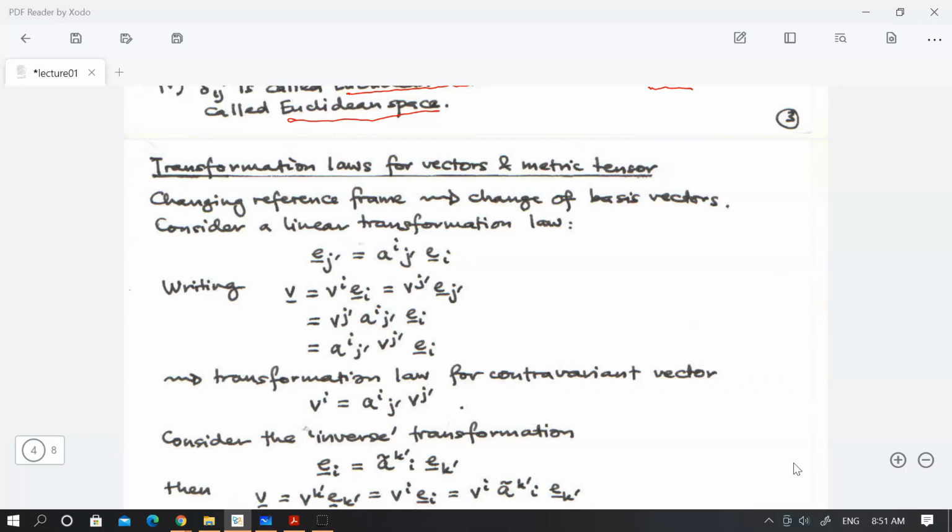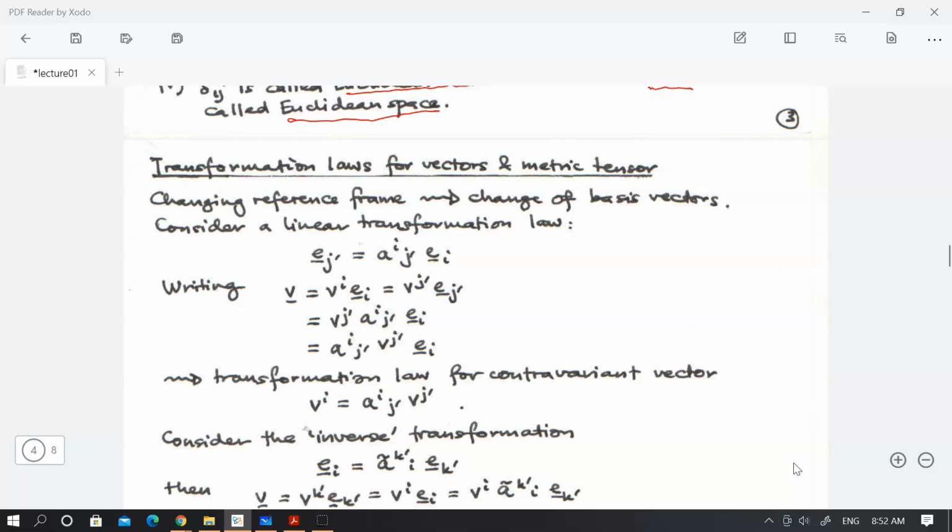What do you do when you do reference frames? You normally fix a coordinate system, and then when you change frame, you have another coordinate system. The other coordinate system will have bases, and the original coordinate system will also have bases. So there must be a relationship between these two coordinate systems. And if you want to preserve orthogonality, for example, then the kind of transformation from one basis to the other has to be linear.